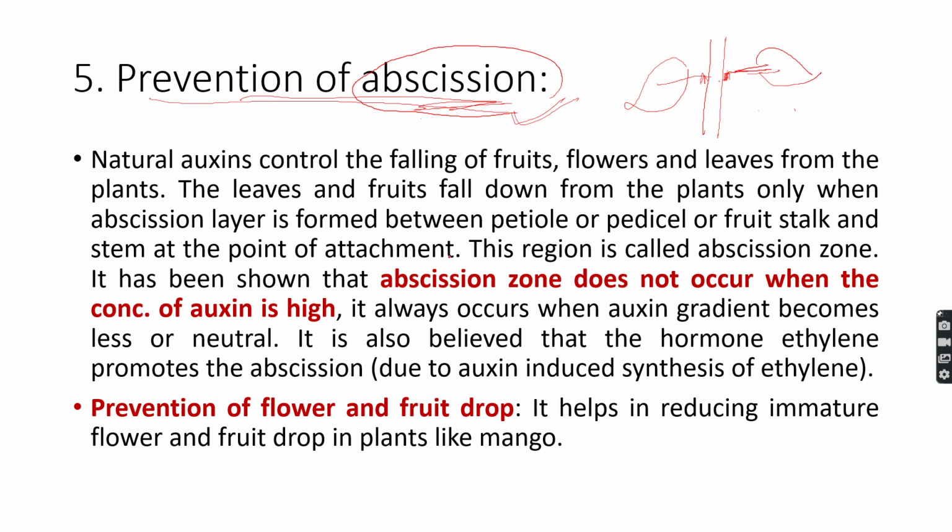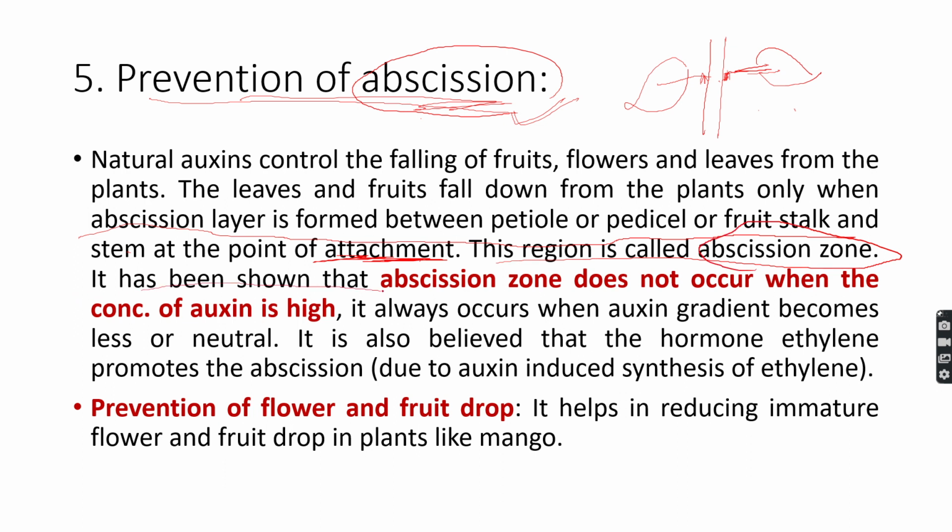The leaves and fruits fall from the mother plant only when the abscission layer is formed between the petiole or pedicel or fruit stalk and stem at the point of the attachment. This region is called as abscission zone.